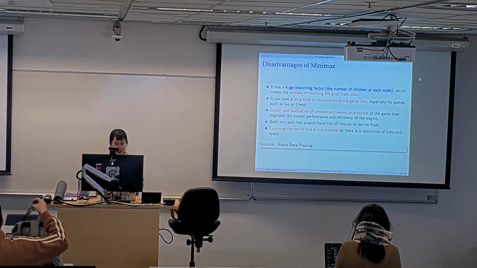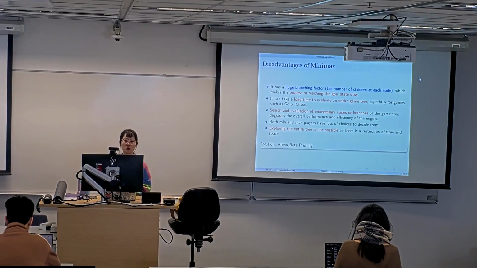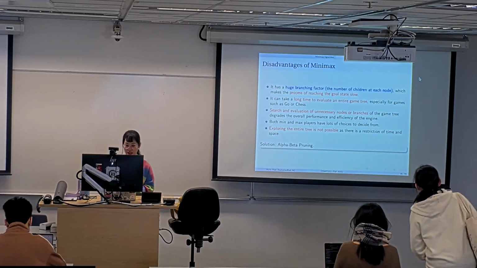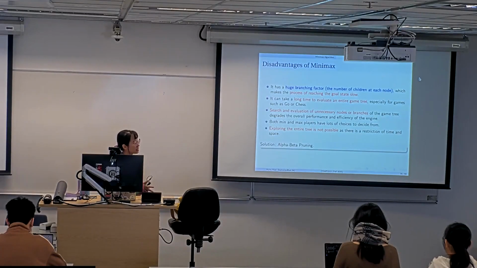In this case, we may think, okay, is there a way that we can reduce the search space? That means, is it possible that some nodes or some branches are actually unnecessary to search? We try to find a way to avoid searching and evaluating these unnecessary nodes or branches. Is there any case where such a situation happens?